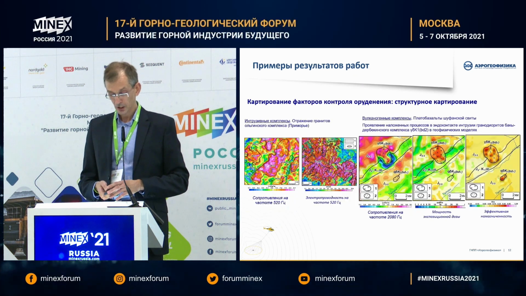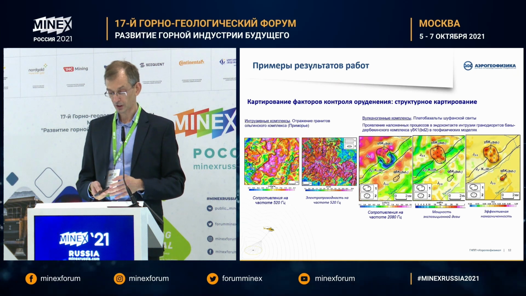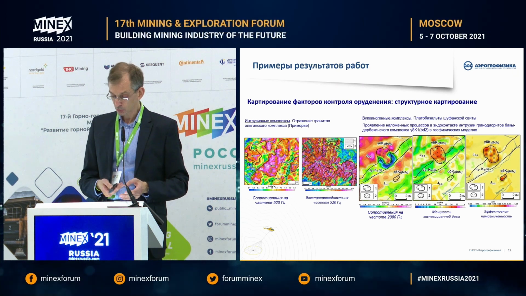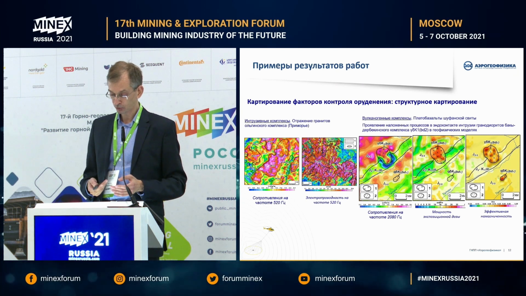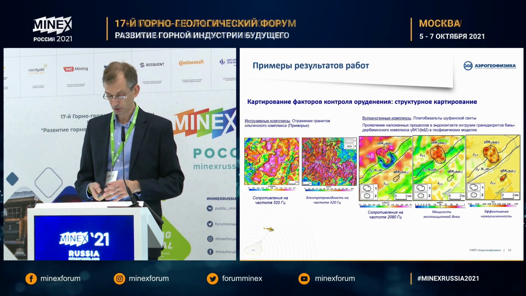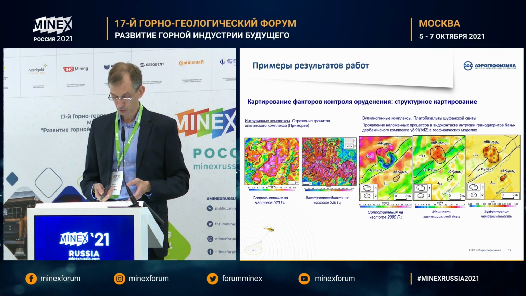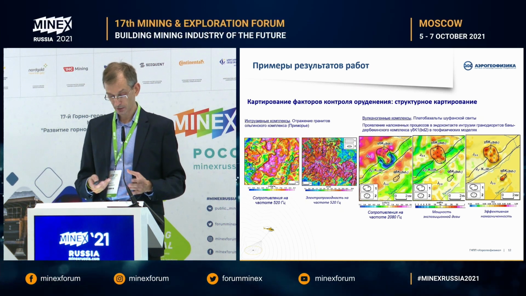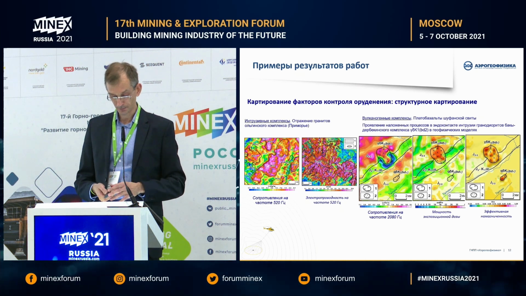On top of that, intrusive complexes can also be identified with a high degree of definition, and the volcanic complexes show differently, but they can be identified and detected with a high degree of probability, or certainty rather.